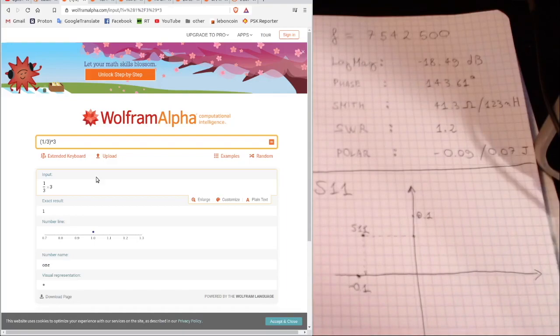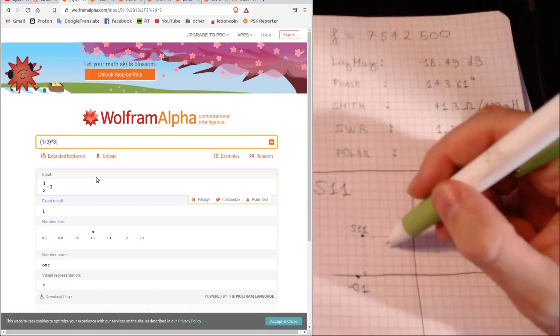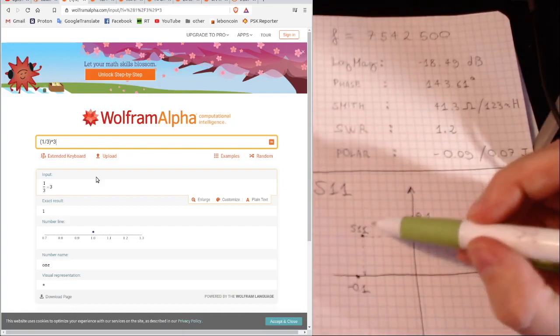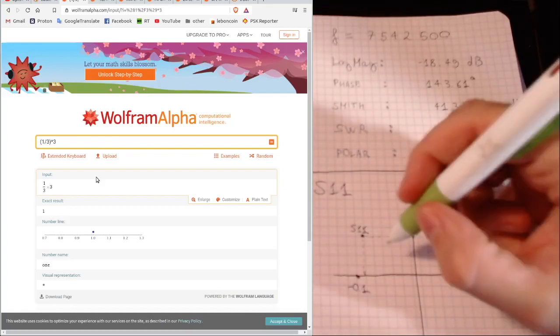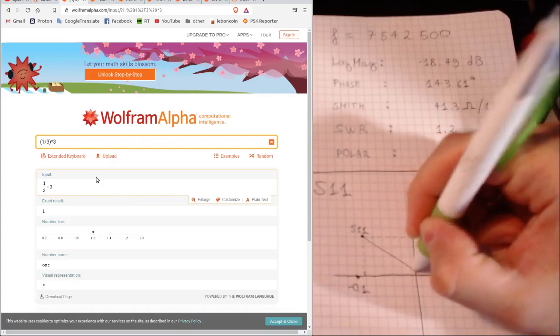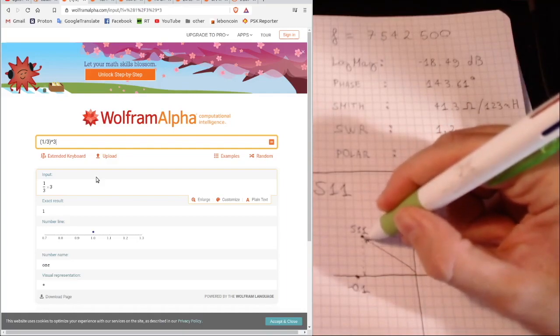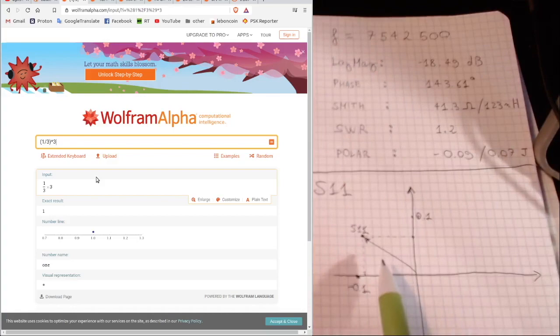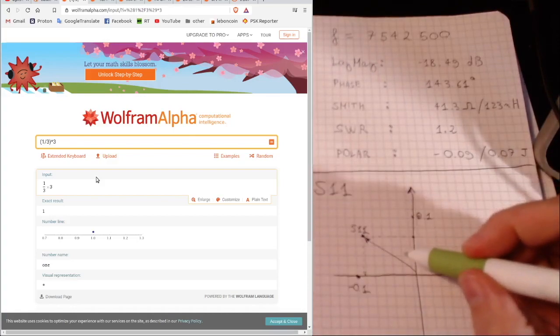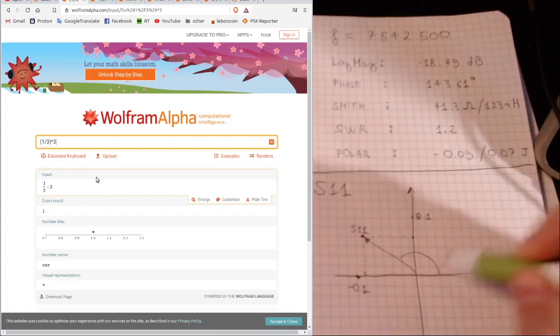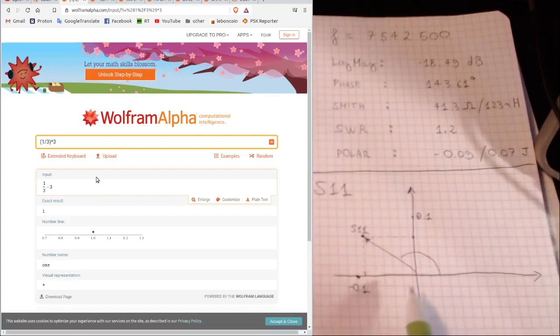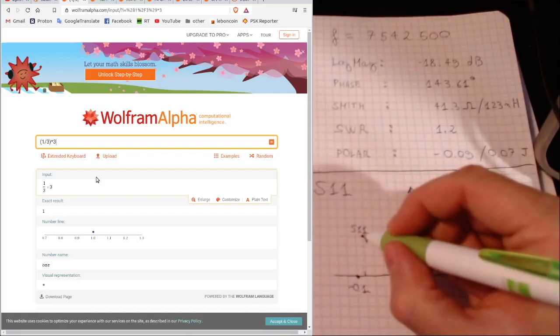Another way to describe where the complex number S11 is to look at it as this arrow, this vector. And so to specify the length of this arrow, and also the angle that this arrow has with the x-axis. Once you have these two data, you can basically find uniquely this point.